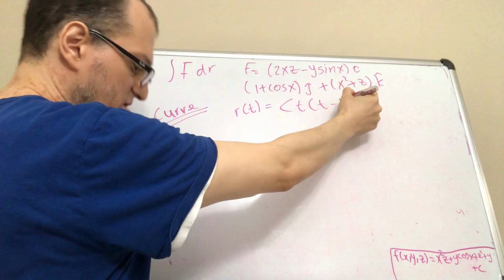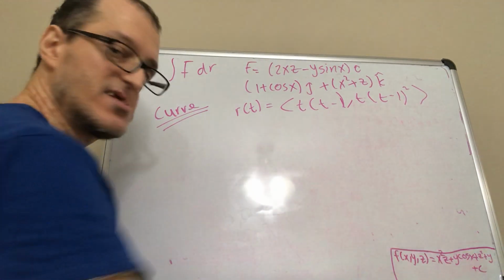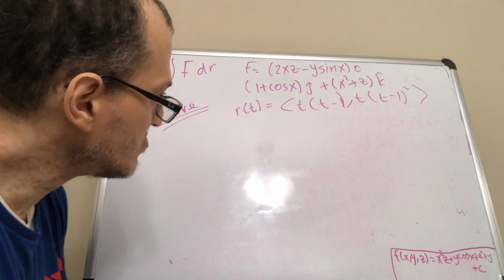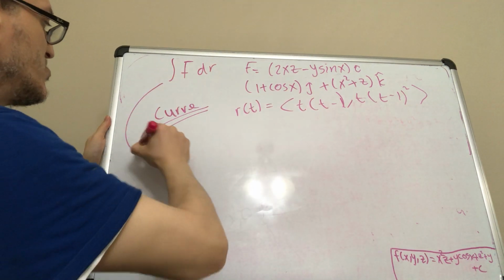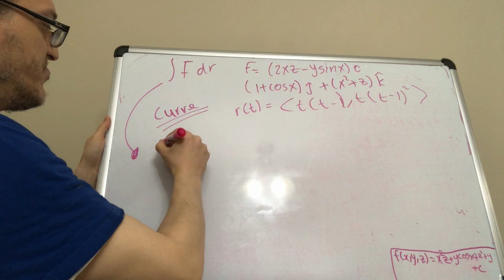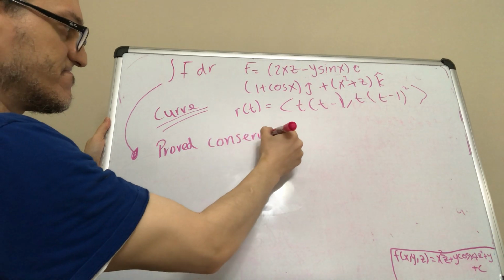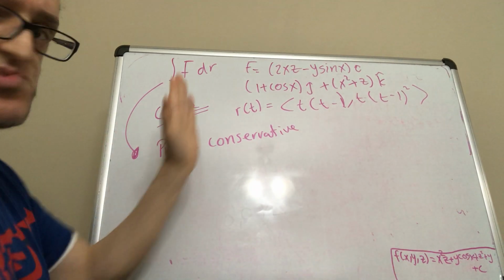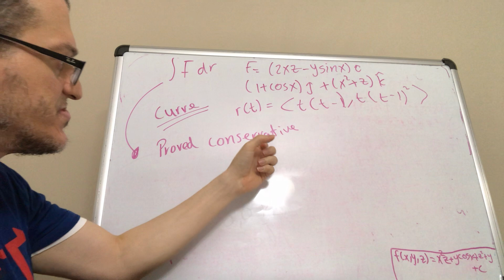t minus 1, t minus 1 squared. Here you say, well, what did we do for this one? We proved it's conservative. If you remember, we did the dx, dy, dz, the cross multiplication, and we proved it's conservative.